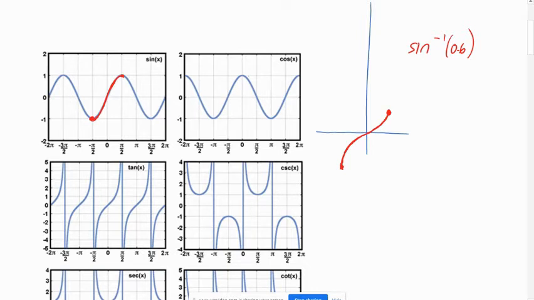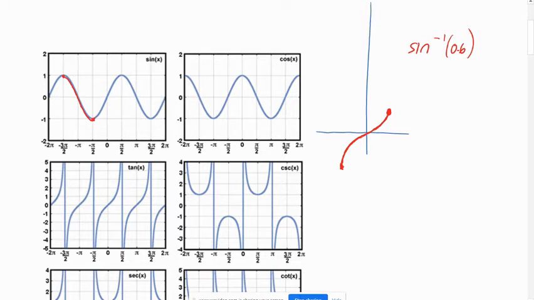Okay, so now that we understand the need for making this into a function, notice that there are different places mathematicians could have decided, oh, we're going to use this part of the graph, so we're going to go from pi over 2 to 3 pi over 2. Or they could have decided we're going to go from negative 3 pi over 2 to pi over 2.